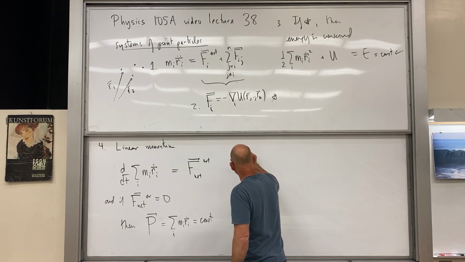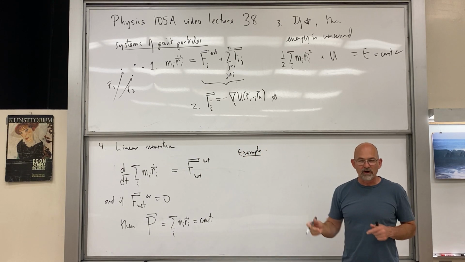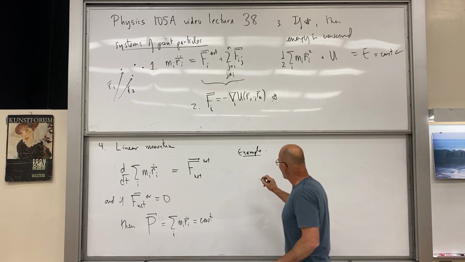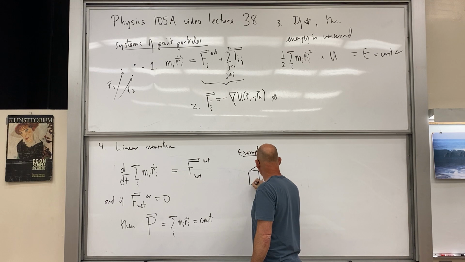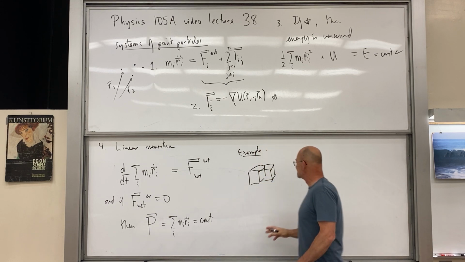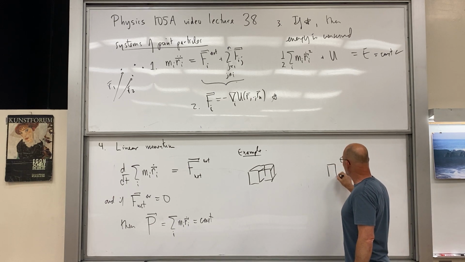As an example, instead of just colliding 2 point particles, let's imagine we're having a collision of some very complicated objects. A big steel frame, a spaceship or something. Suppose we're having that kind of a collision. I'm just drawing some cubes here.